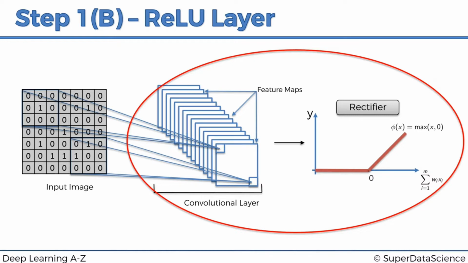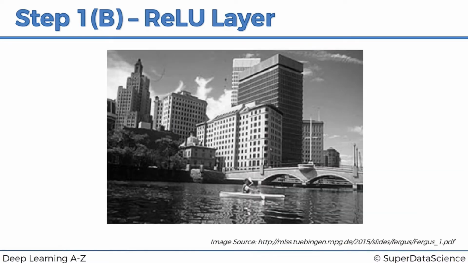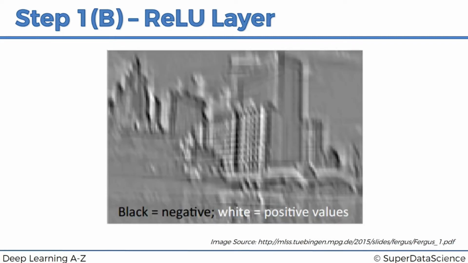So let's have a look at an example. Here is an original image. Now, when we apply a feature detector to this image, we get something like this. You can see here that black is negative, white is positive values. When you apply a feature detector to a proper image, which has not just zeros and ones but lots of different values, and as we saw previously, feature detectors can have negative values in themselves, sometimes you'll get negative values.